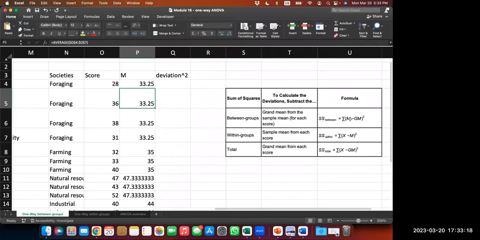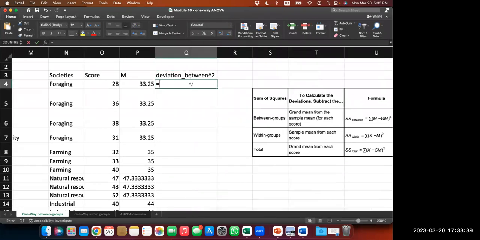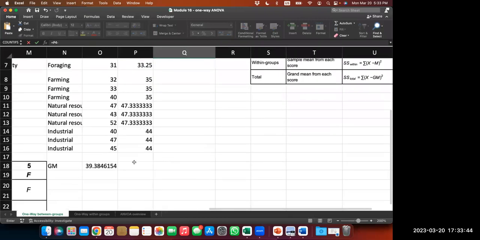So we have now sum of squares between, calculated as m minus gm squared for each individual entry. So that's the deviation between squared, which is now this m minus the grand mean.